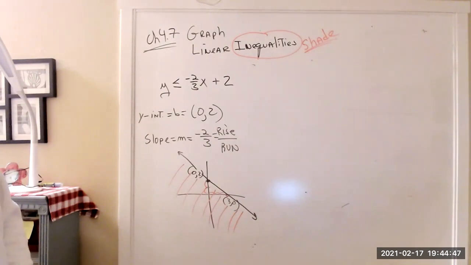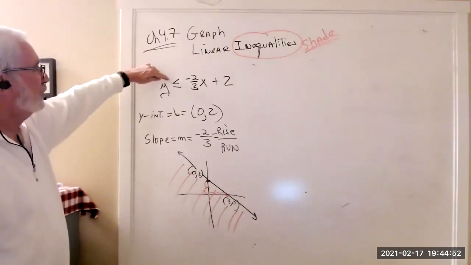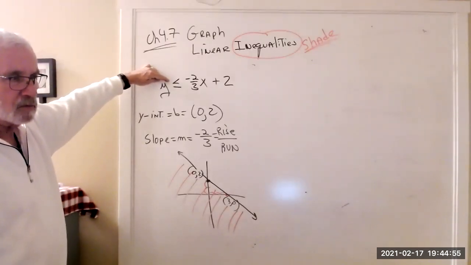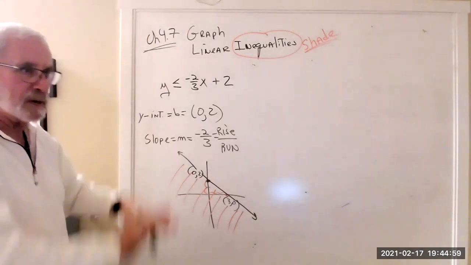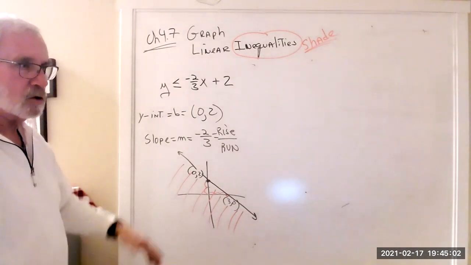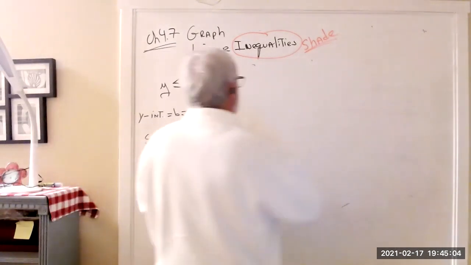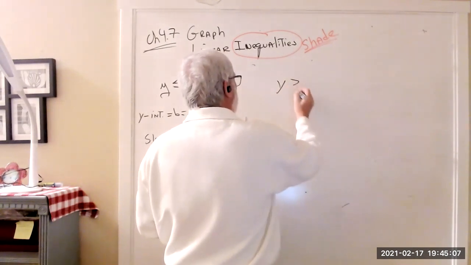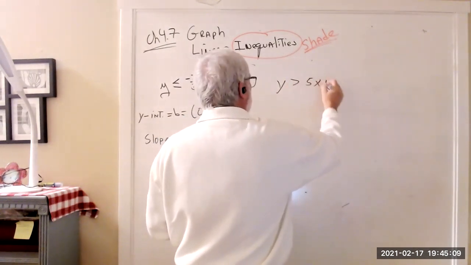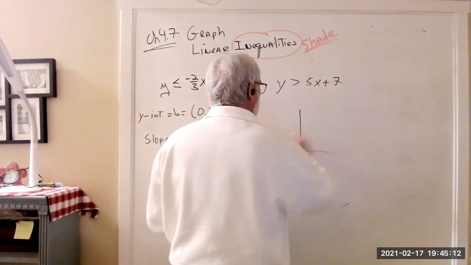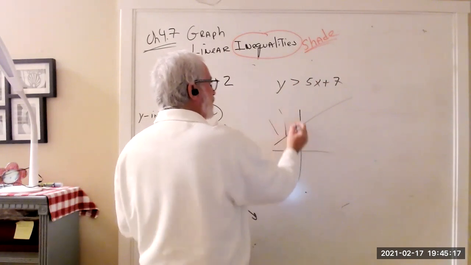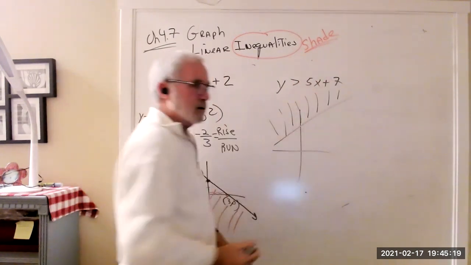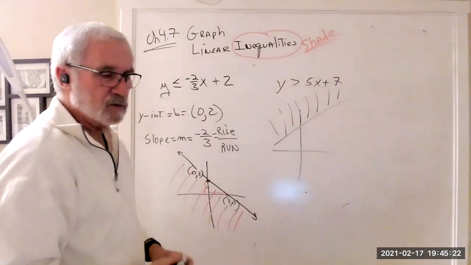Can you do that one more time, the shortcut thing? Yeah. If it's in slope intercept form, which this was, then less than means below the line. If it had been y is greater than, I don't know, 5x plus 7, it would say shade above the line. Greater means above.